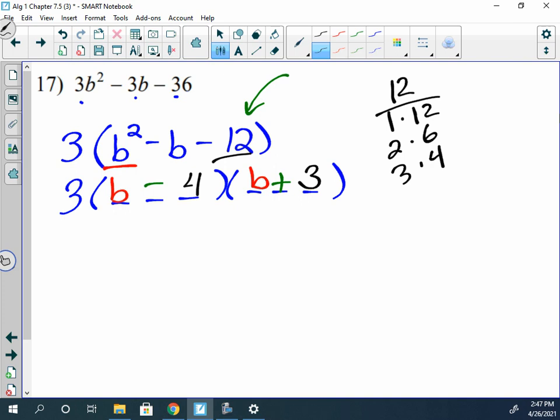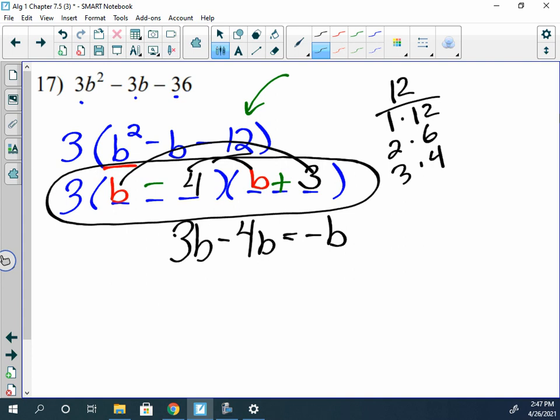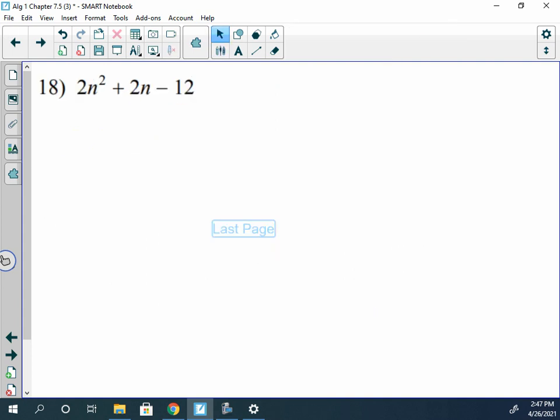Now we can check it just to make sure we have this set up right. b times 3 is going to be 3b. Negative 4 times b is negative 4b. And 3b minus 4b is negative b, negative 1. Is that what we wanted? Yes, it is, because they do line up. And that is what we have here.